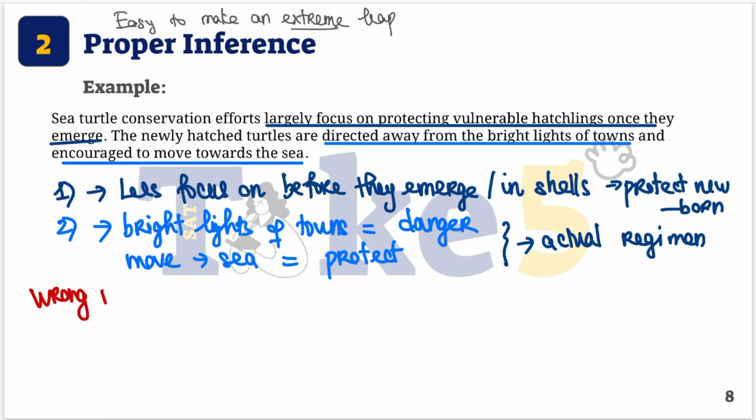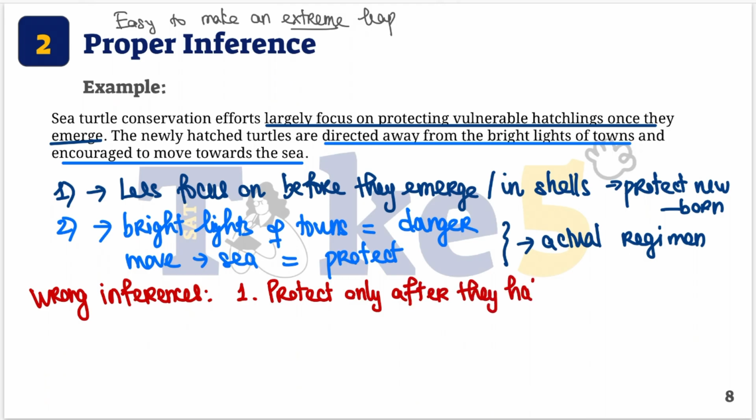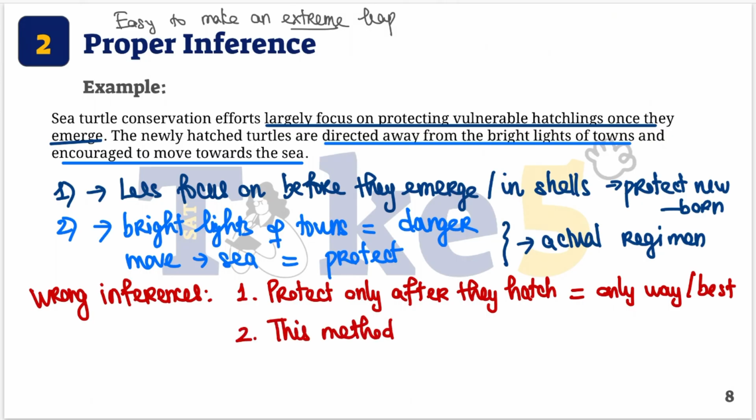Wrong inferences can be protecting sea turtles only after they hatch is the only way or best way to conserve the species, or this method of directing away from the town and towards the sea is the only way or the best way to conserve.